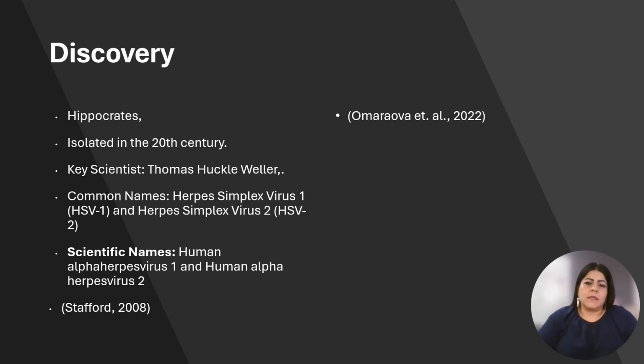The key scientist who identified and discovered the structure of herpes simplex virus was Thomas Huckle Weller, who contributed to the development of the cell culture method for virus isolation. These viruses are scientifically named human alpha herpesvirus 1 and alpha herpesvirus 2.